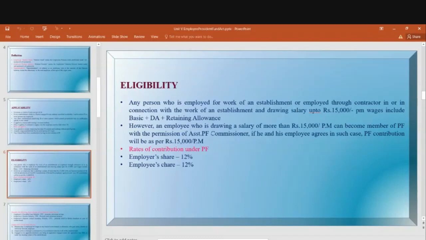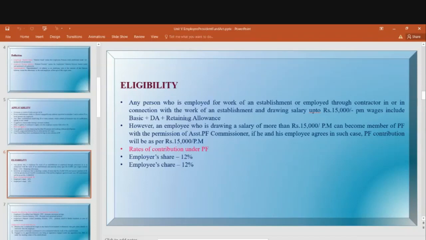A person who is working for an establishment, or employed through a contractor or in connection with the work of an establishment, and drawing salary up to rupees 15,000 per month as wages, including basic plus DA plus retaining allowance. So if he is getting a salary of up to 15,000, then he is covered under this act.